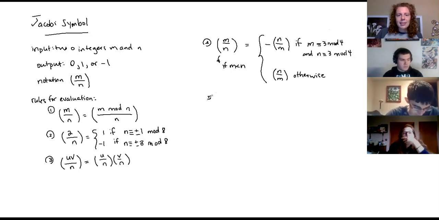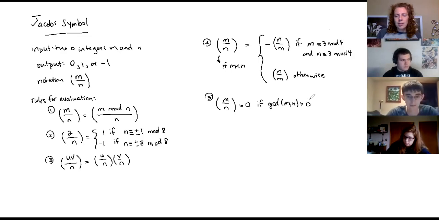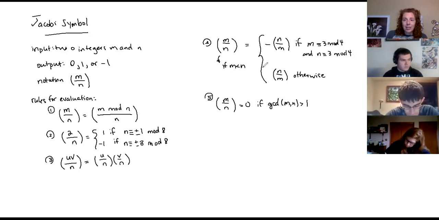And then last, the 5th one: the Jacobi symbol of m over n is 0 if the GCD of m and n is bigger than 1. If m and n are not relatively prime, then your Jacobi symbol is equal to 0.